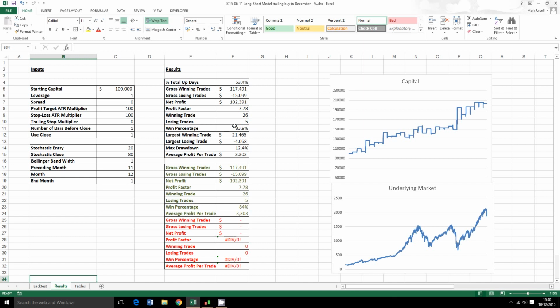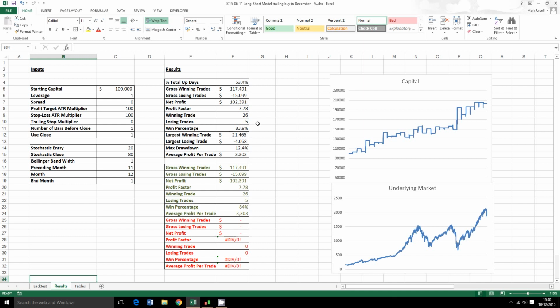I have looked at all the other months and it is the highest percentage of months. Interestingly, over this time period, the total number of positive days, you can see the underlying market is 53.4%. So statistically, this win percentage of 84% is pretty good for December.